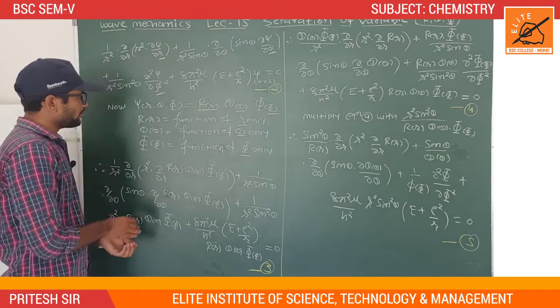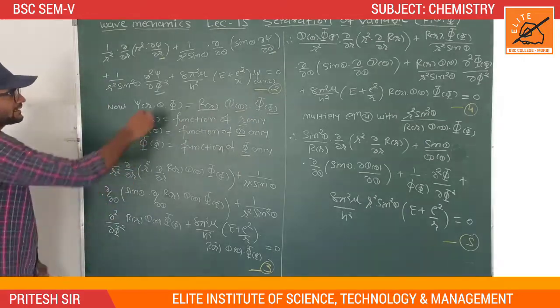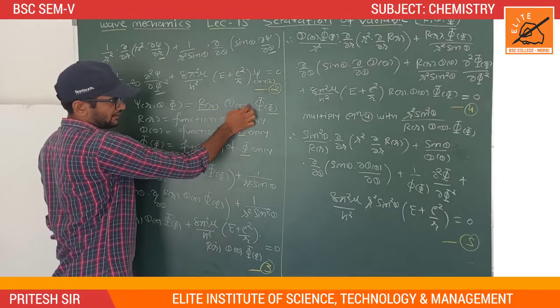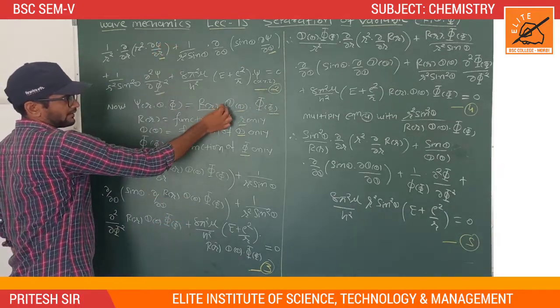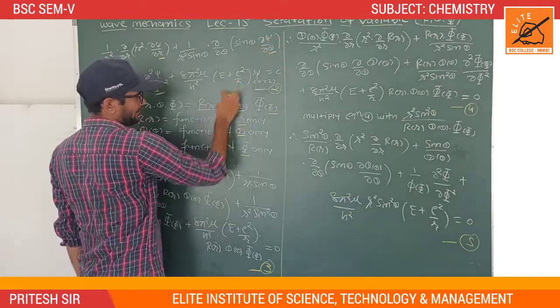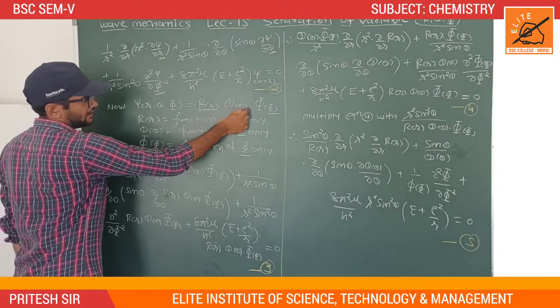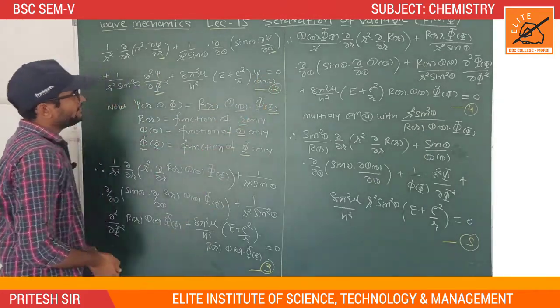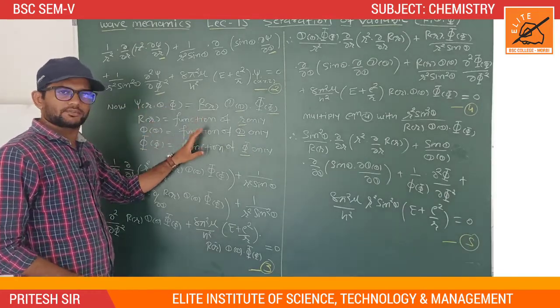Put the value of psi in equation number 2. Here psi is equal to R of r, Theta of theta, and Phi of phi, the product of three different wave functions.